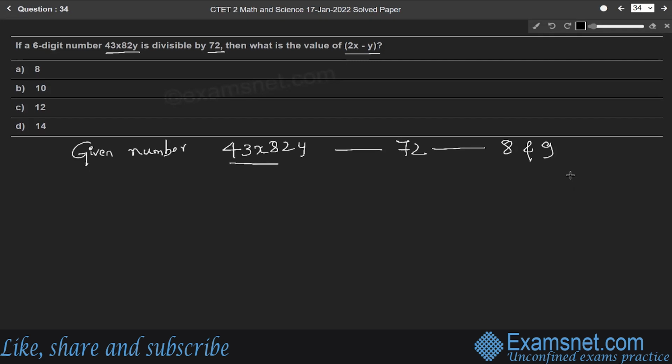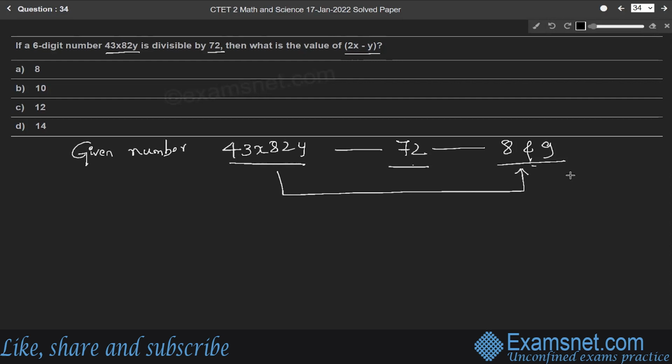So if a number is divisible by another number, which is 72, and that number is divisible by some other numbers, 8 and 9, then the given number is divisible by 8 and 9. Therefore, the given number 43x82y is divisible by 8 as well as 9.